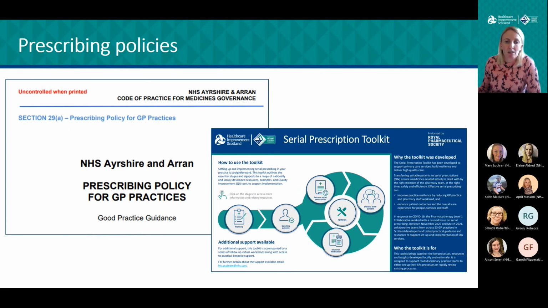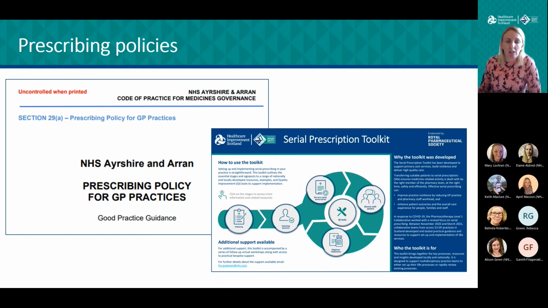So some key factors in prescribing policies are optimising your use of serial and permissible repeat prescriptions, and further information on implementing serial prescriptions is available through the Serial Prescription Toolkit, which was published last year, and it's linked in this new acute toolkit. So permissible repeats, which Rebecca mentioned earlier, otherwise known as limited repeat prescriptions, are a useful option to consider, particularly as a first step away from acute prescribing.